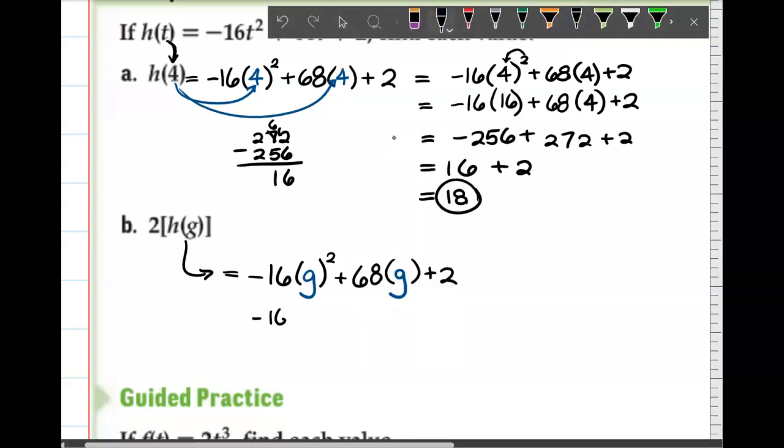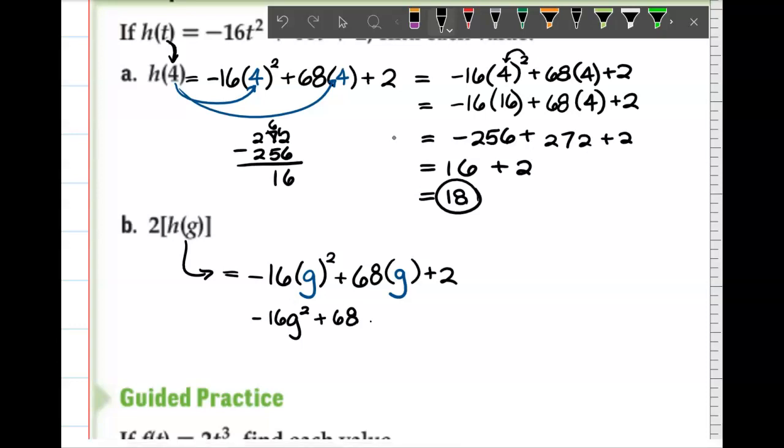So negative 16g squared plus 68g plus 2. This is h of g. But part B asked us for 2 times h of g. So if I want 2 times h of g, I need to do 2 times on the right side as well. And I need to distribute.